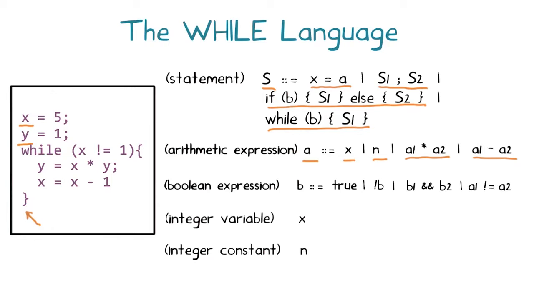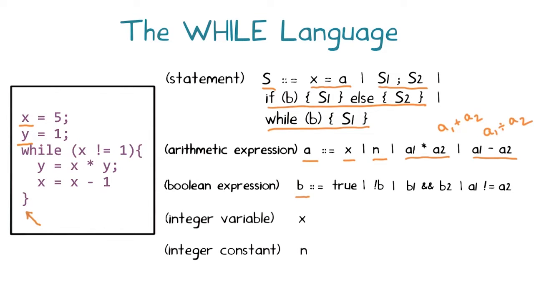Notice that the definition of arithmetic expressions is also recursive, allowing us to write programs with arbitrarily large expressions. It's easy to extend the syntax of these expressions to include other operators, such as addition and division, but we will leave those out for now to keep it simple.